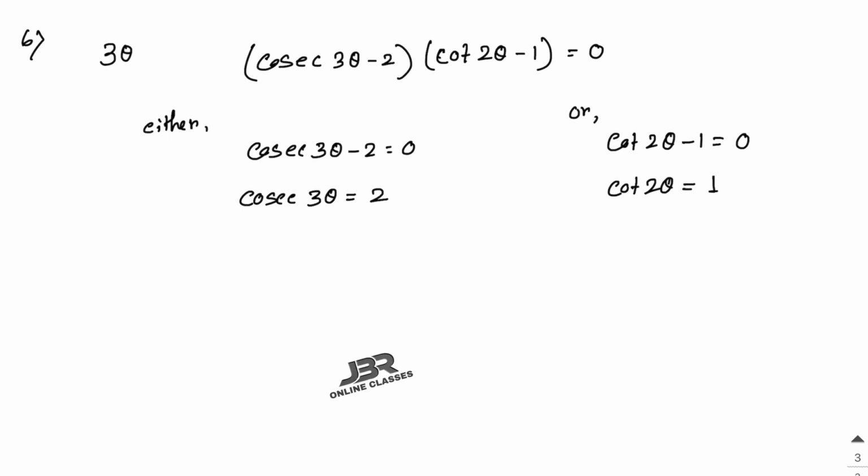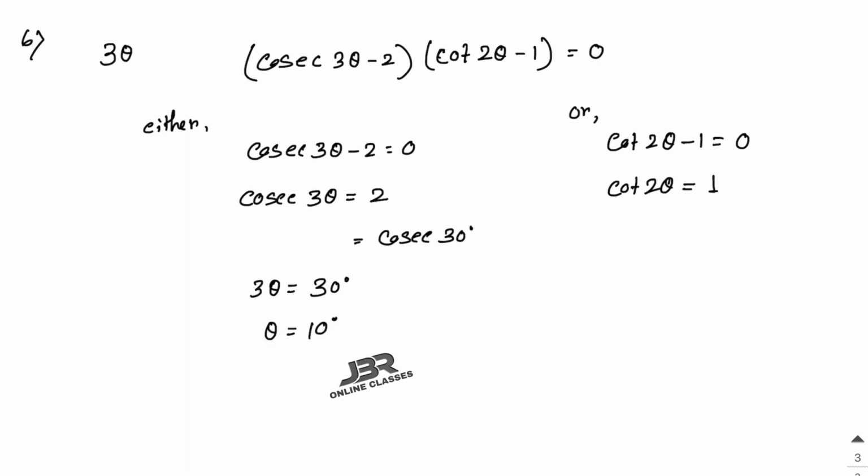So as cosec 3 theta equal to 2, and you know that cosec 30 degree is also 2, write down cosec 30 degree. Then by comparing both sides, 3 theta equal to 30, that means theta equal to 10 degree.